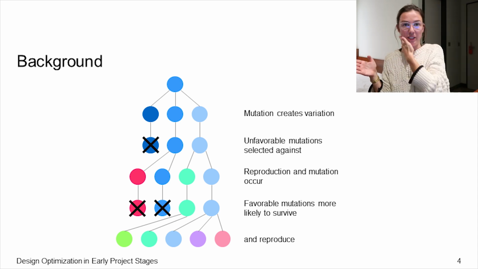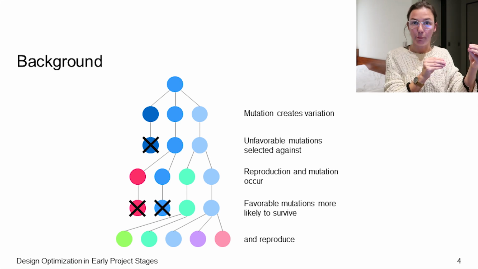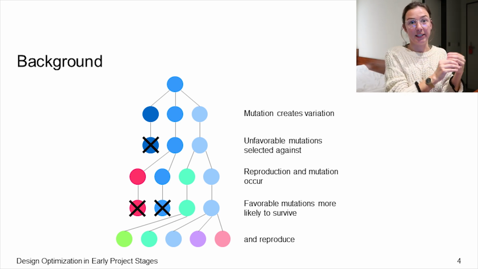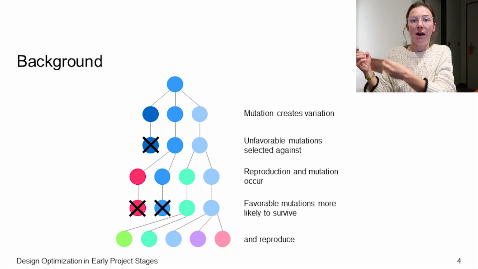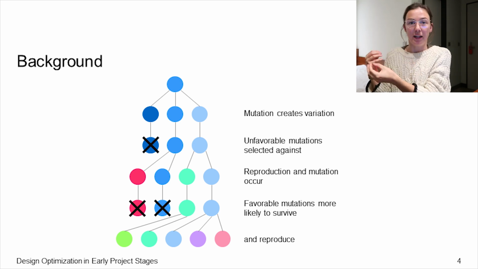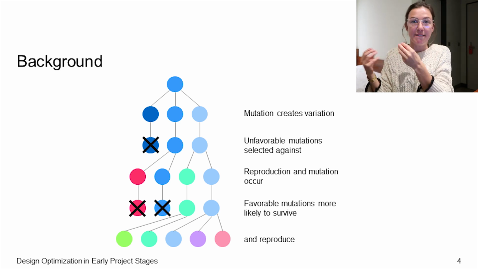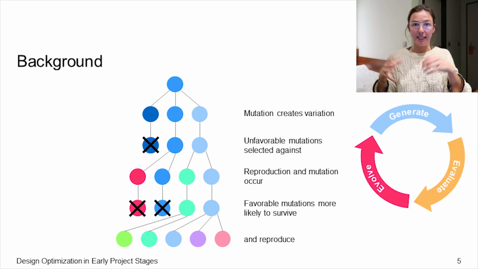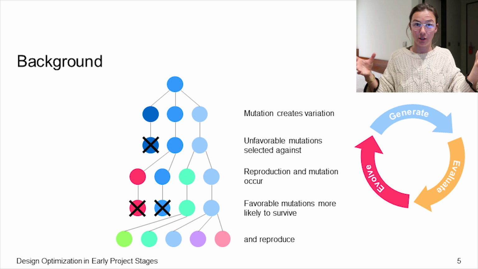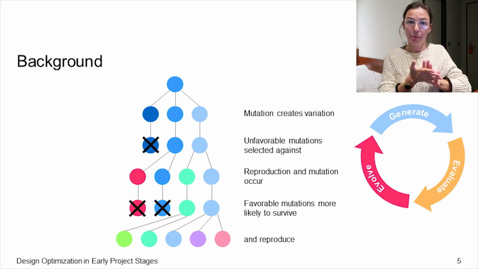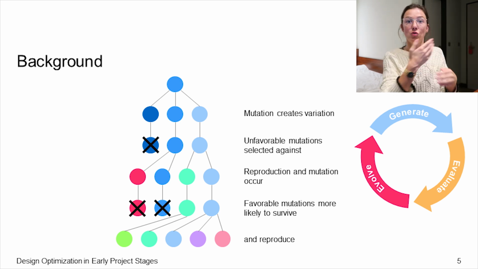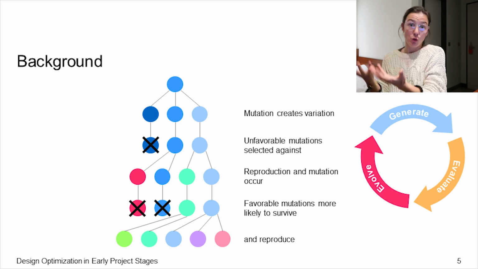And if we translate that to design, the individuals in a population are the different design solutions, and the genes, the chromosomes, are represented by the values of the properties of the model. So in a parametric model, the values for the parameters. So what we want to do is basically generate a bunch of different design solutions, evaluate them based on their performance, and then use the principles of evolution to optimize them and generate new solutions.